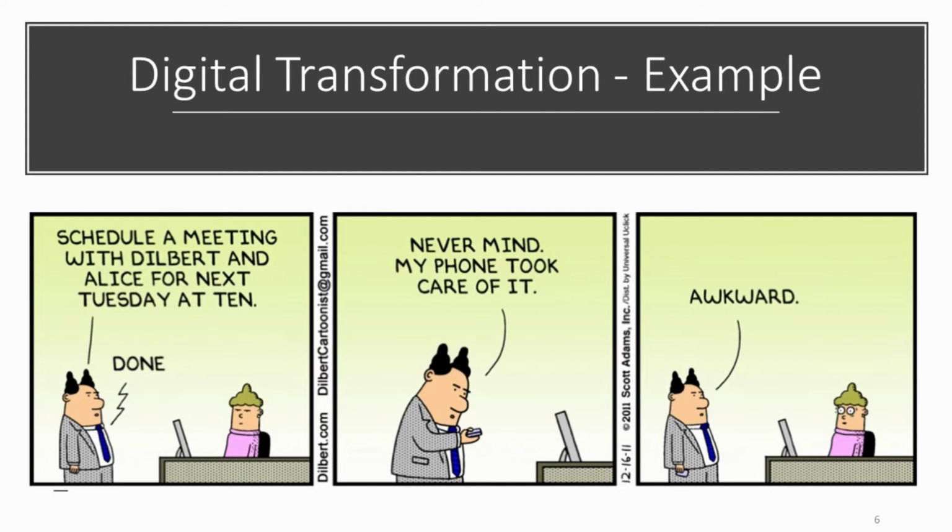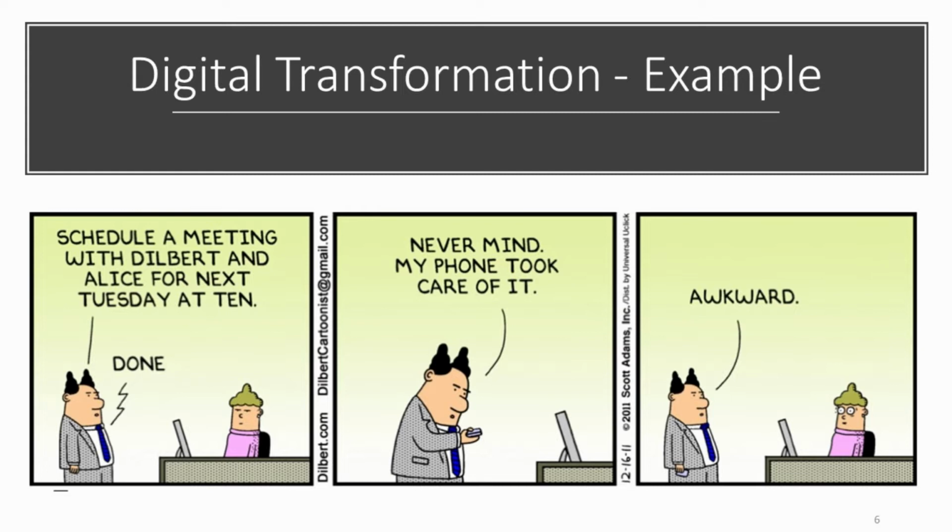Let us look at digital transformation with an example from our everyday work at office. I love Dilbert cartoons, and here on this cartoon on the slide, we have a succinct example of an everyday task of setting up a meeting that has been digitally transformed and automated. We all set up meetings, right?